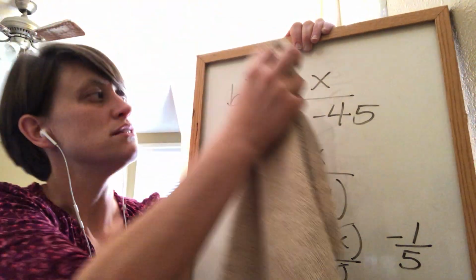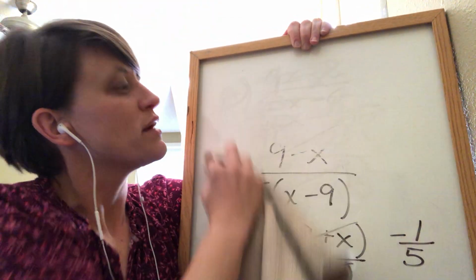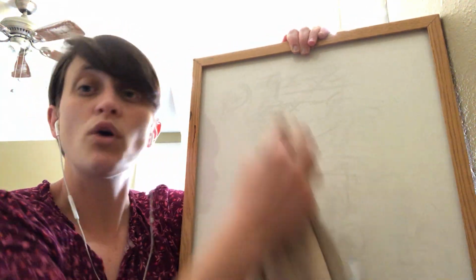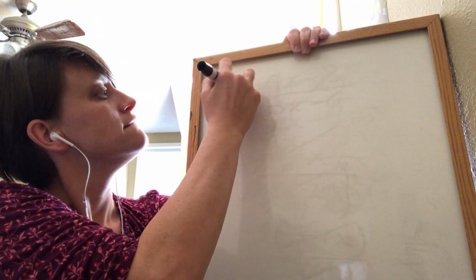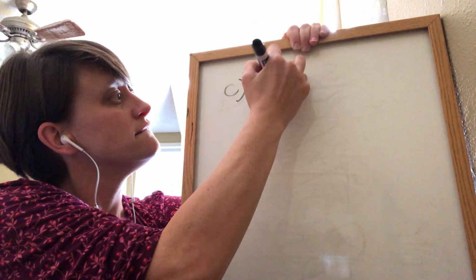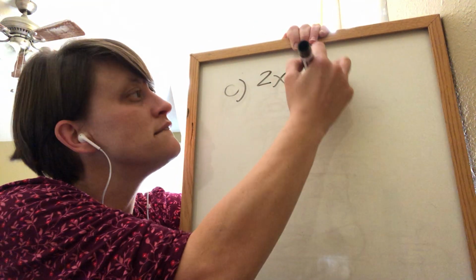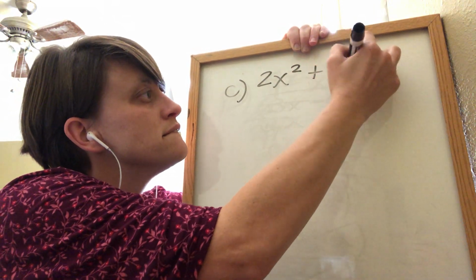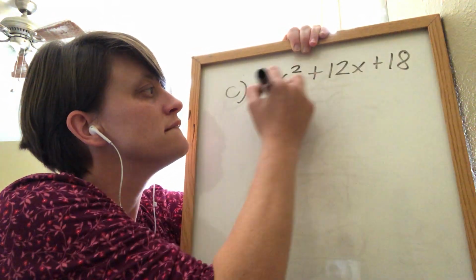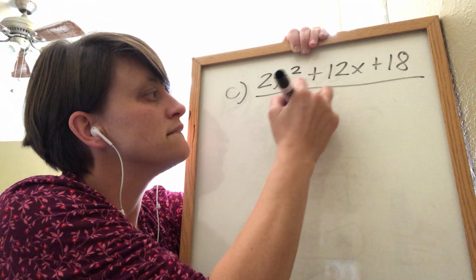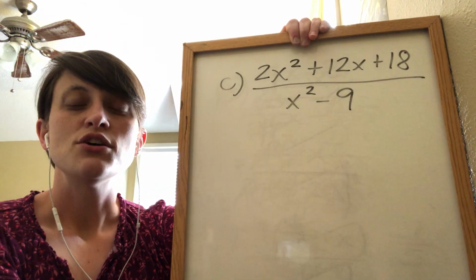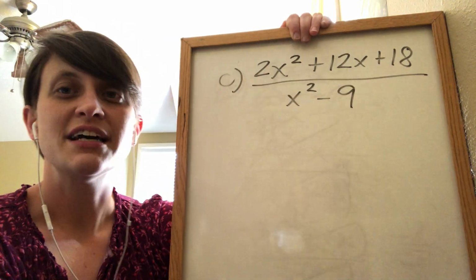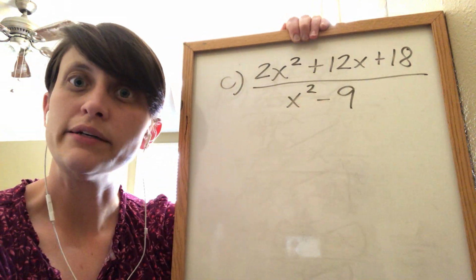Alrighty, now let's look at another one. And this is one where the factoring gets a bit more complicated. Okay, so first of all, we see this 2 in front of the x squared, and usually that means this is going to be a hard problem.